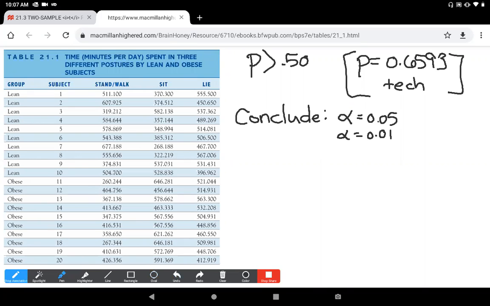Okay, so the full conclusion then. These are what we normally compare, right? Our p-value is large.